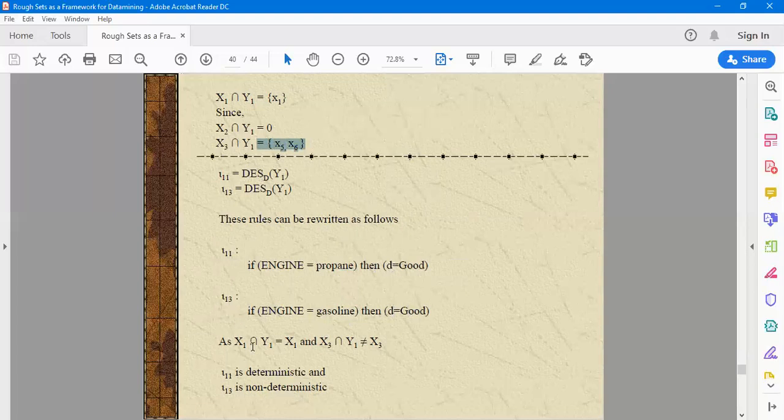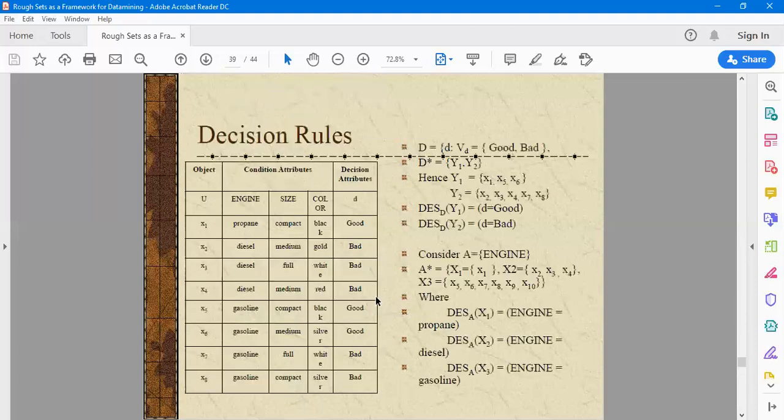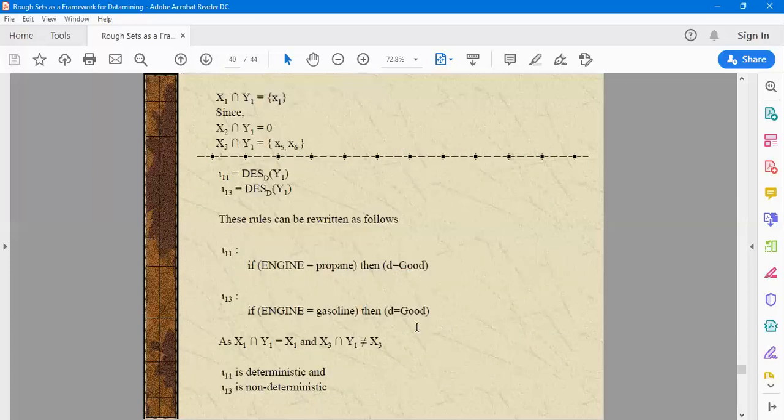Now as x1 intersection y1 is equal to x1, we already said this is equivalent to x1, and x3 intersection y1 is not equal to x3, because here it is x5 and x6, but if you go back, x3 is actually x5, x6, x7, x8, x9, x10. So that means the intersection is not equal to x3.